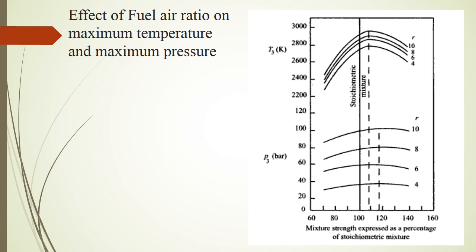At a given compression ratio, the temperature after combustion reaches a maximum when the mixture is slightly rich, as shown in the figure. At chemically correct ratio, there is still some oxygen present at the point 3. Because of the chemical equilibrium effects, a rich mixture will cause more fuel to combine with oxygen at that point, thereby raising the temperature T3. However, at richer mixtures, increased formation of CO counters this effect.